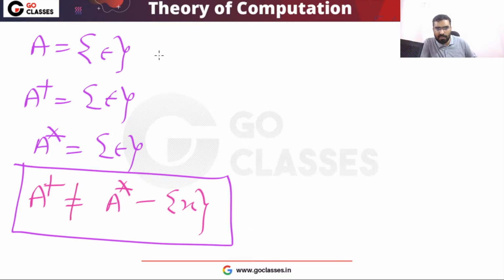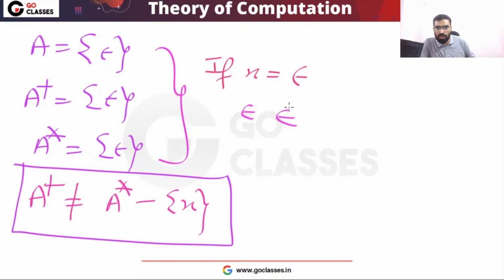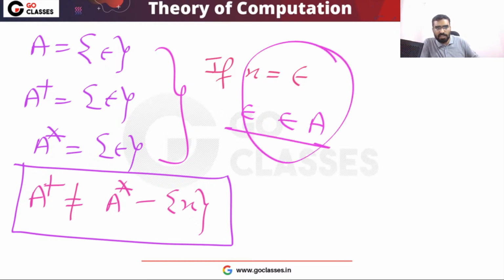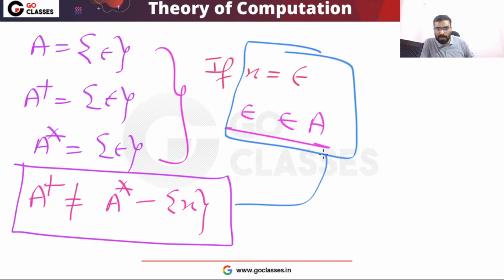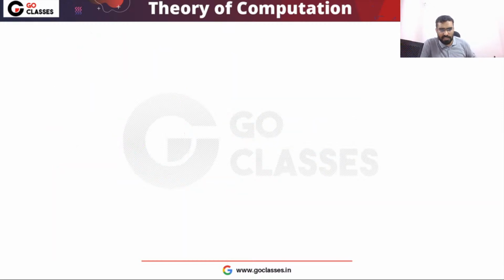Why is this happening? Because if I take X equal to the empty string, then the empty string belongs to A. So because of these two, this will happen.